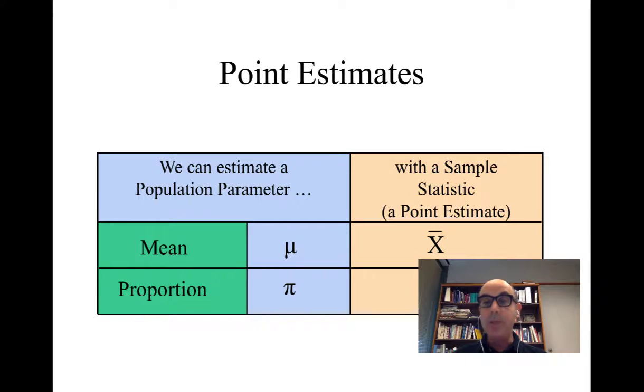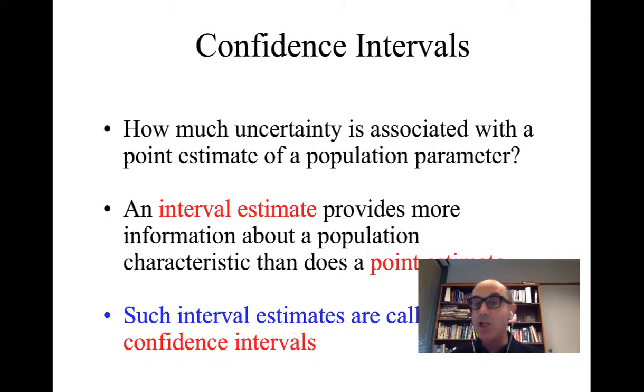With the sample, we are talking about statistic and we are talking about point estimate, we have X hat and we have P. So as you can see, we have two terminologies or two symbols that represent population versus the sample, where we need to learn how to calculate them in order for us to fit if we are taking a sample that represents the population. So how much uncertainty is associated with the point estimate of the population?